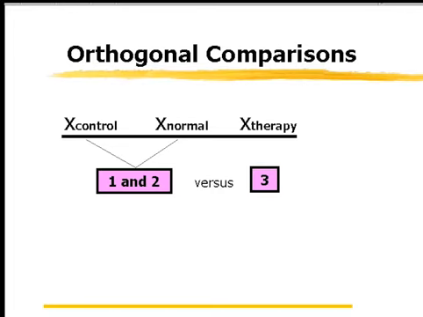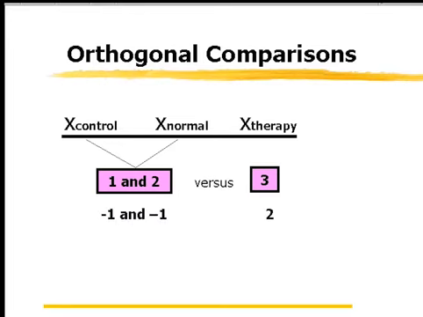So what I would want to compare is groups 1 and 2 versus group number 3, because groups 1 and 2 are more similar in that they are not getting the medication as group number 3 is. So we're looking at two groups with no medication versus the third group with a medication. So that's a theoretically or clinically relevant comparison. So we would do that one in advance.